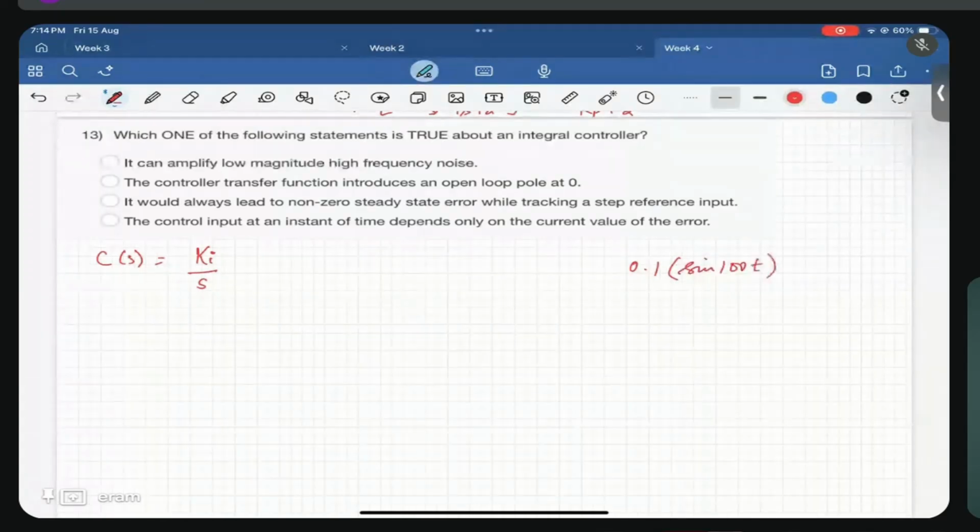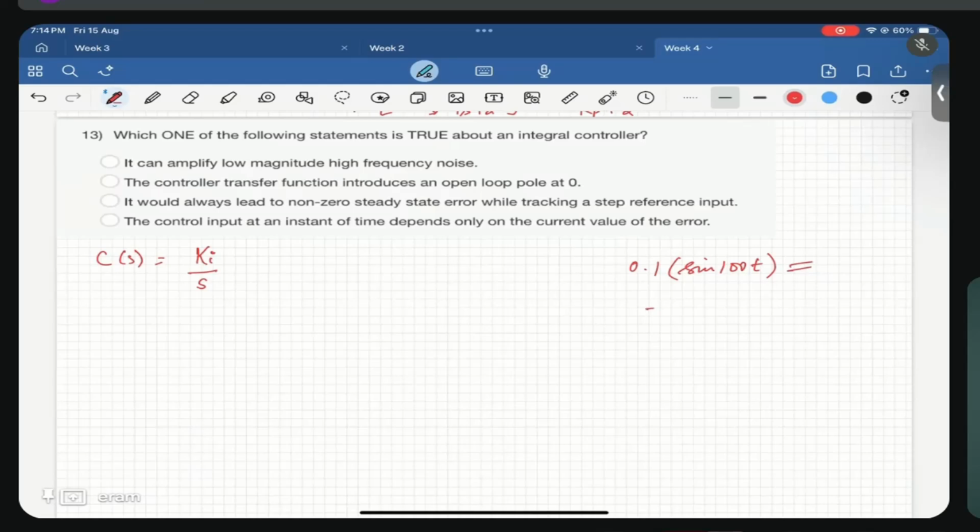If you integrate this function, what will be the integration? It will be nothing but 0.1 cos 100t by 100.